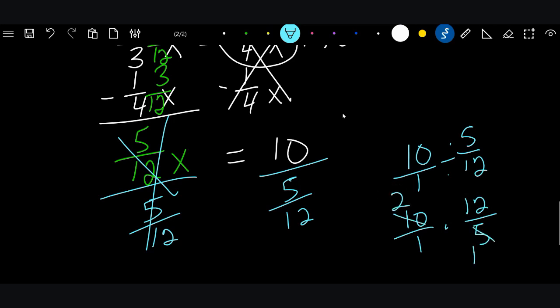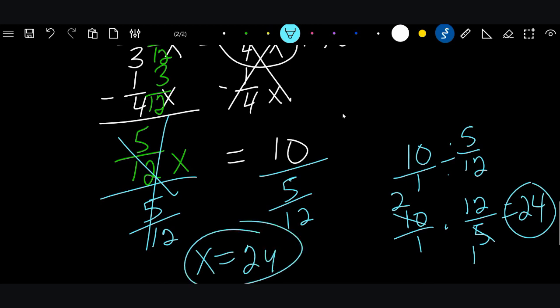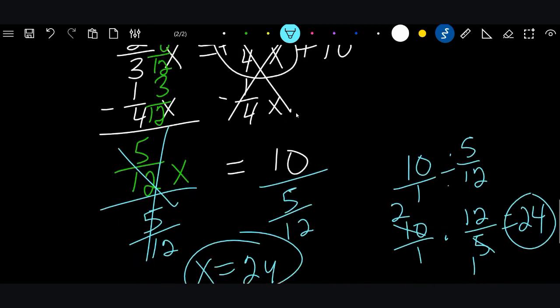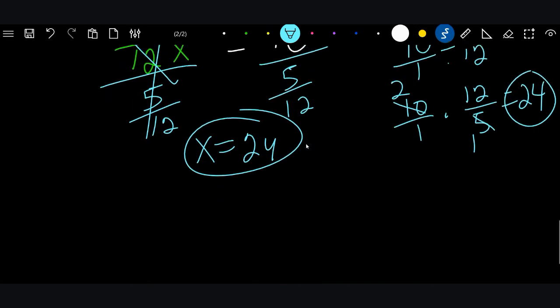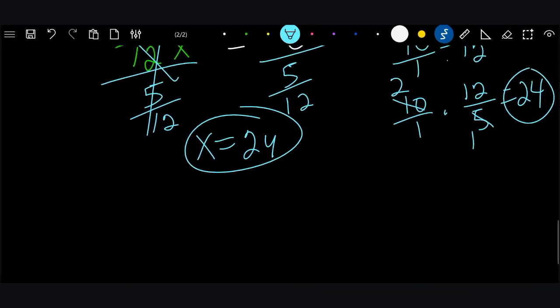That cancels to a 2. That equals 24 over 1, or just 24. We got the same answer. We got x equals 24. Okay? So you do it either way that you want to there, but you will get the same answer.